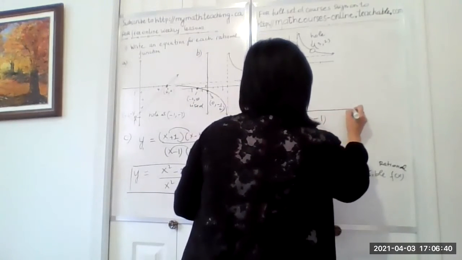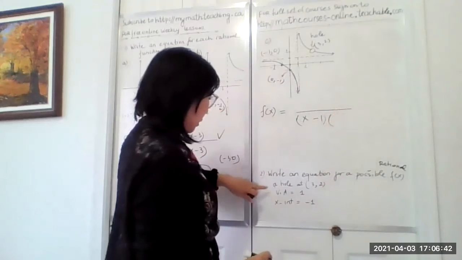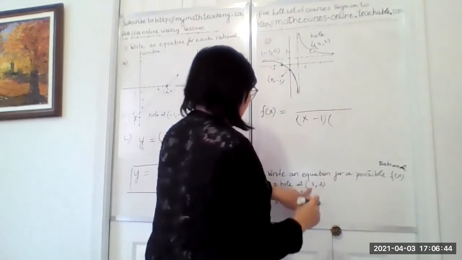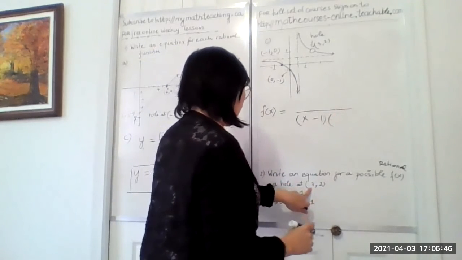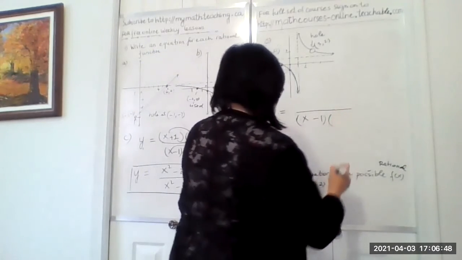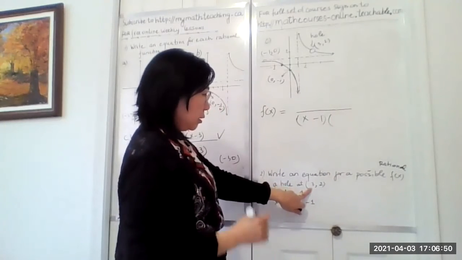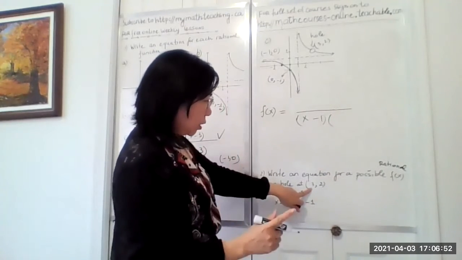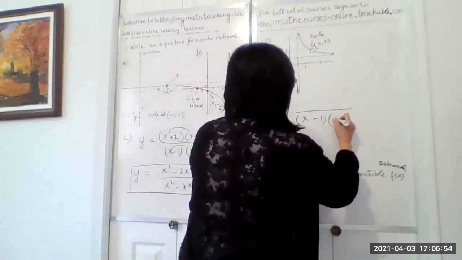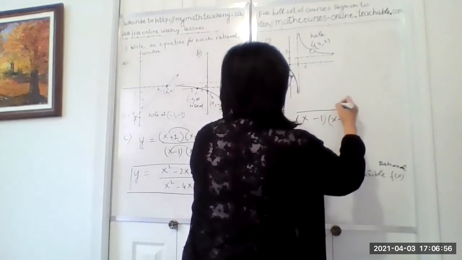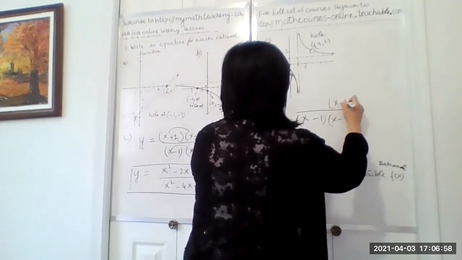Okay, so we have a hole, let's take advantage of that. A hole at x equal 3 means we have x minus 3 at the bottom, and on top x minus 3.